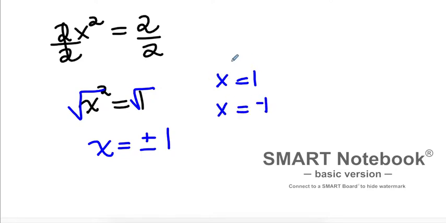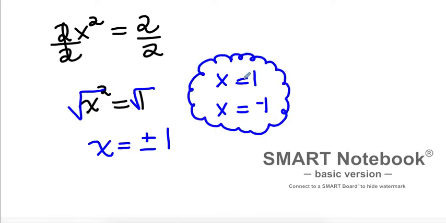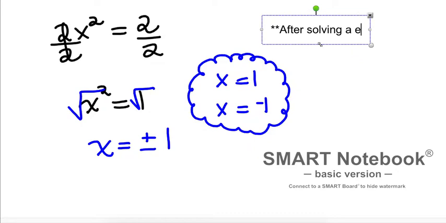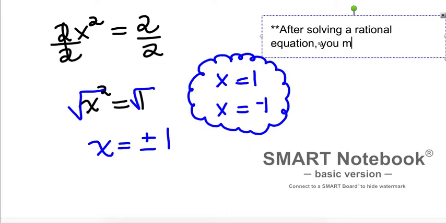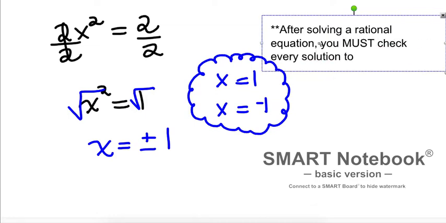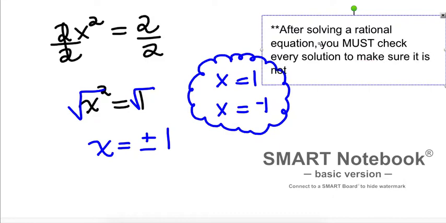Okay, now I want you guys to pay attention because we're technically not done. Okay, so I'm going to type a note for you guys. So very important. After solving a rational equation, you must check every solution to make sure it is not an extraneous solution.